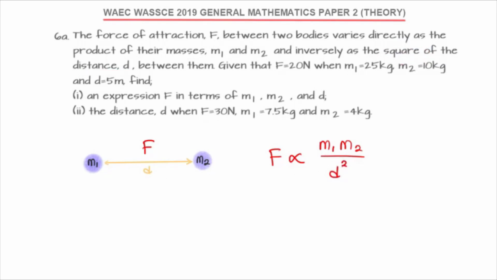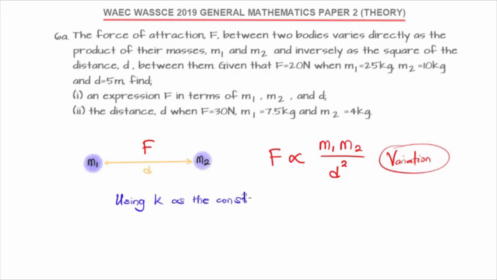Now, this is a classical question in variation, and we're just going to use the principle of variation to solve it. We are asked to find the expression for F in terms of m1, m2, and d. But looking at this, we are only seeing a sign of proportionality.